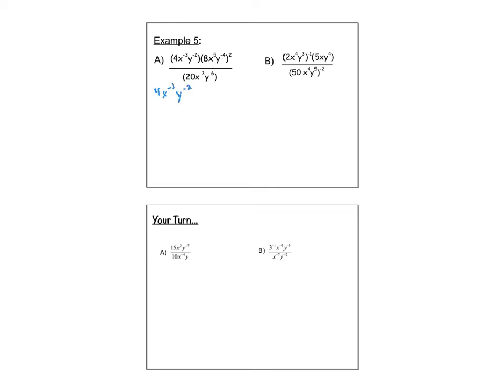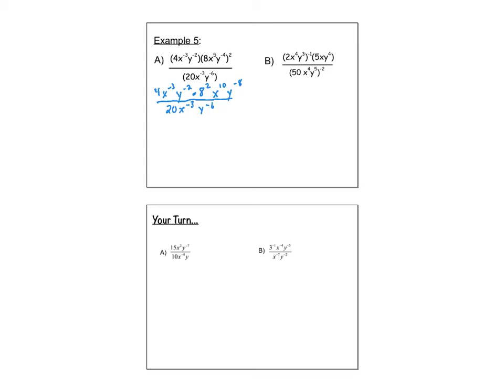So I'm leaving everything else alone. So I've got x to the 5th to the 2nd, power to a power gives me x to the 10th, because you get to multiply those. Y to the negative 4 to the 2nd is negative 4 times 2, which is negative 8. And then it's not a power to a power down here.